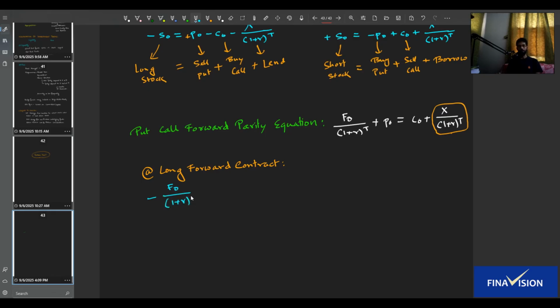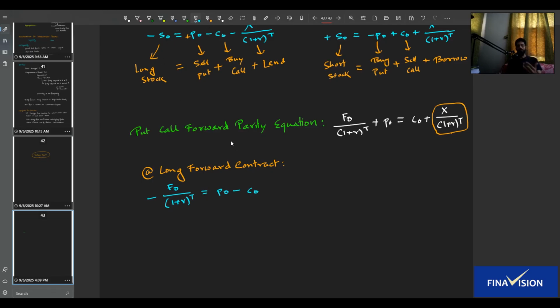So 1 plus r to the power T. The present value of the negative cash flow. This is what we consider. This is equal to, as per the put call parity equation, P0 minus C0. The borrowing or the lending part we are not considering here because there is no upfront cash inflow or outflow in the put call forward parity equation, right?